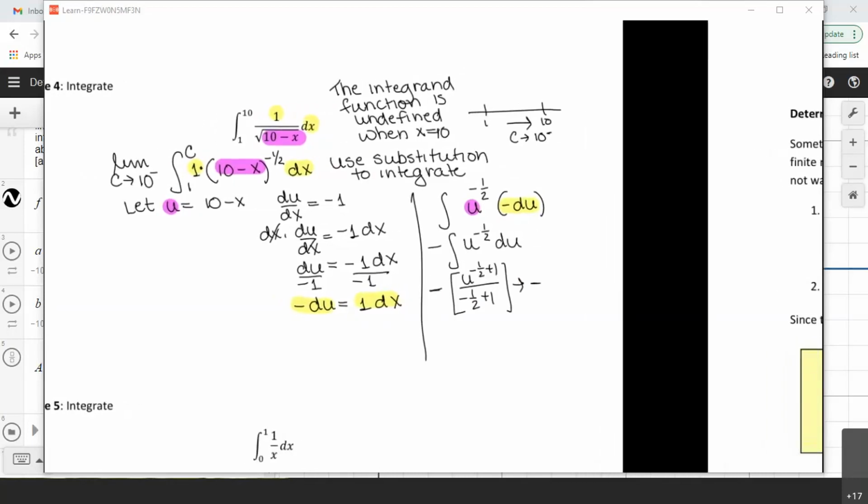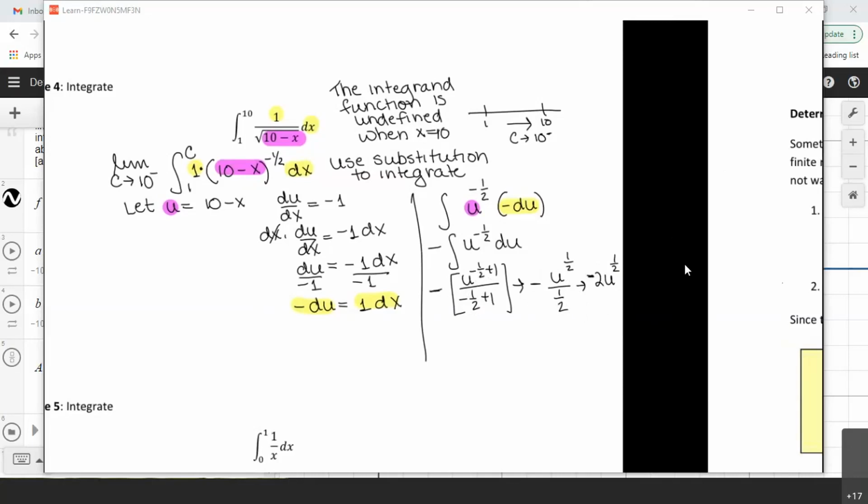Negative 1/2 plus 1 is positive 1/2, and dividing by 1/2 is the same as multiplying by 2. So my antiderivative is -2 u to the 1/2. This is the calculus step; all of this is algebra.